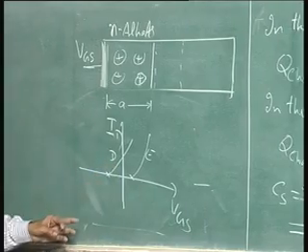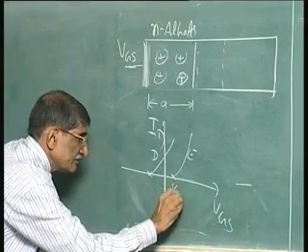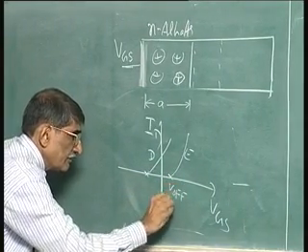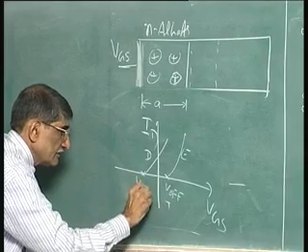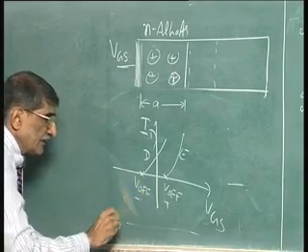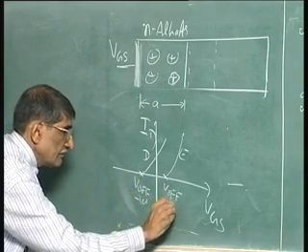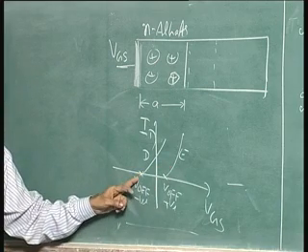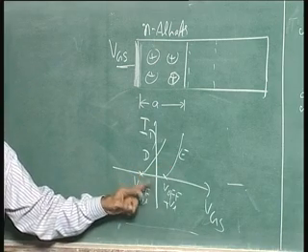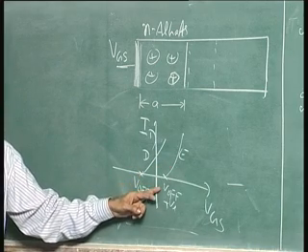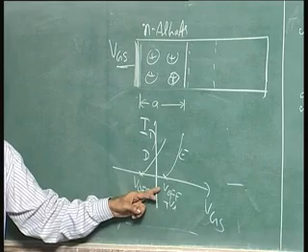This is V off positive for enhancement type, V off negative for depletion type. Enhancement mode, depletion mode, and you can adjust the V off by adjusting what?